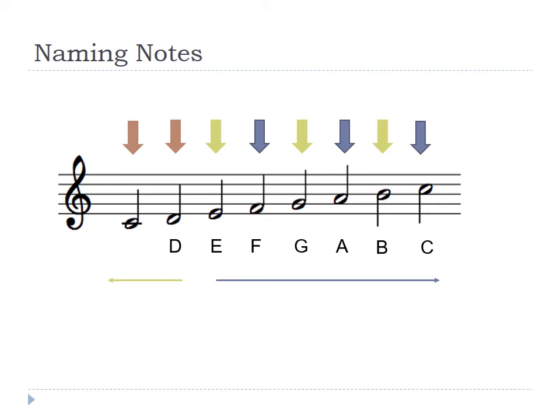This note is just next to D. Therefore, it must be the letter in the alphabet that comes before D. If we say our alphabet, A, B, C, D. Therefore, this note must be C. And if we check, our notes now go C, D, E, F, G, A, B, C, which follows the pattern that we know is true for our music alphabet.